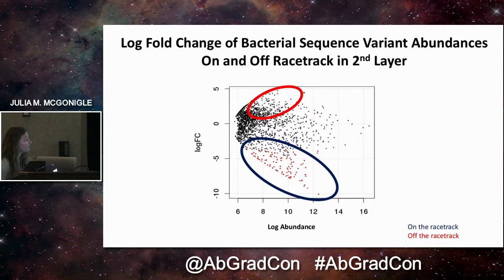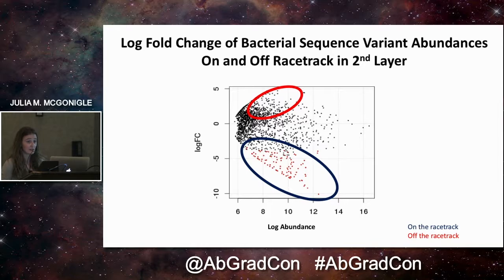If you cut it off at 0 right here, every little dot represents a sequence, and all of these ones that are negative belong to one of those pits that were on the racetrack, whereas all of these ones up here are sequences from those pits that were off the racetrack.